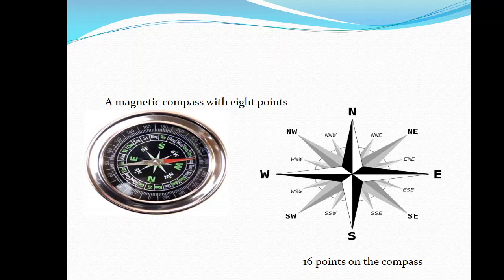We are only going to learn about the 8 points and not the 16 points. At your level of grade 7, you are only going to learn about the 8 points, which are north, northeast, east, southeast, south, southwest, west, northwest.